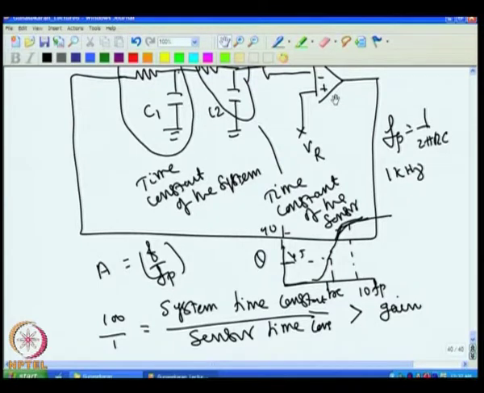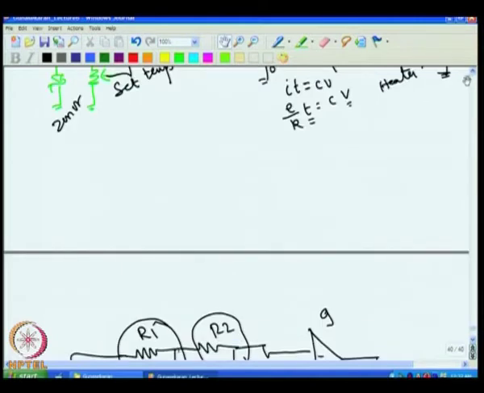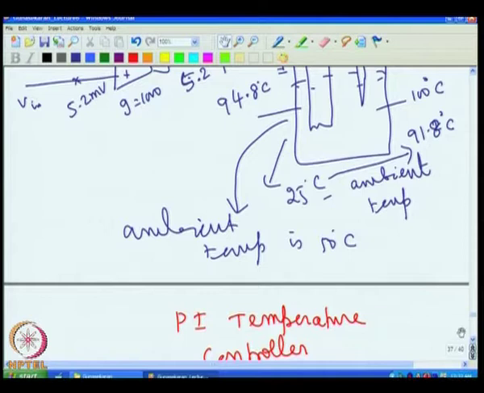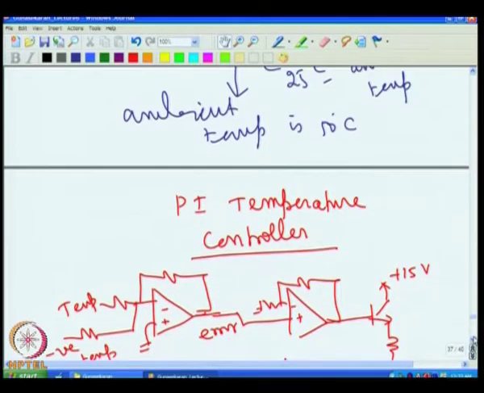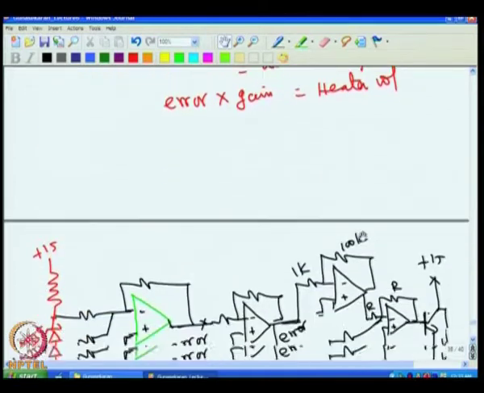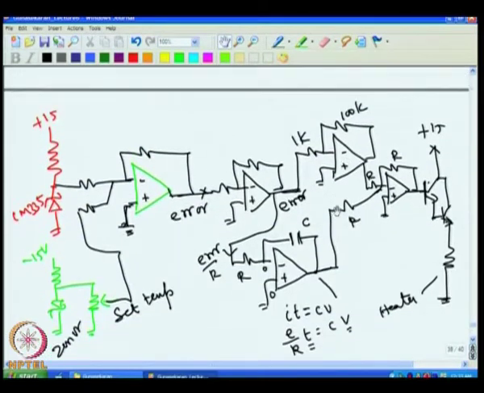So, in our PI control, what we have to do is set the gain here. What we have shown here is 100.